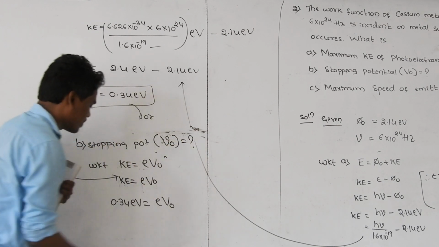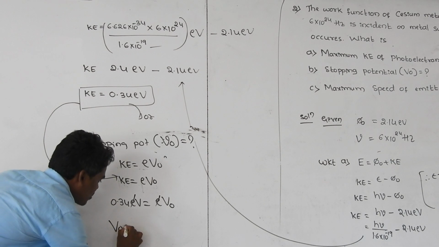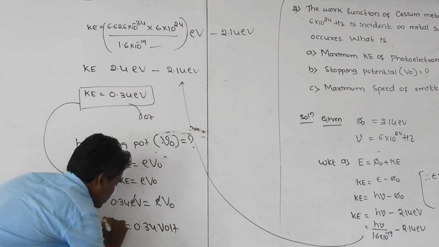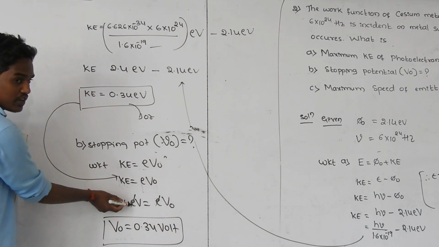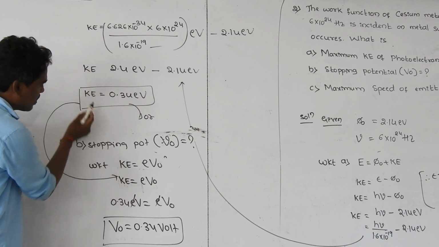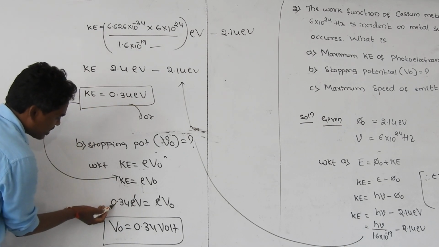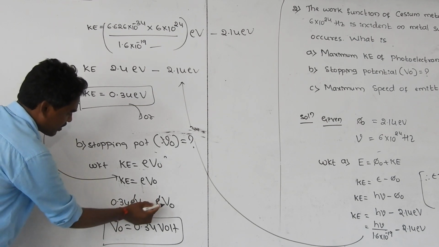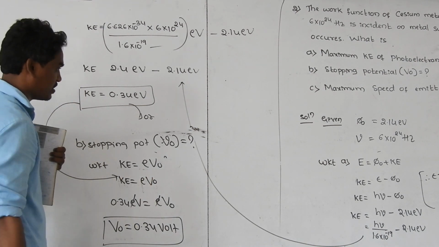Here e gets cancelled, then V naught is equal to 0.34 volt. I substituted the kinetic energy as that much, e on both sides gets cancelled, and remaining V naught is equal to 0.34 volt. This is the stopping potential.